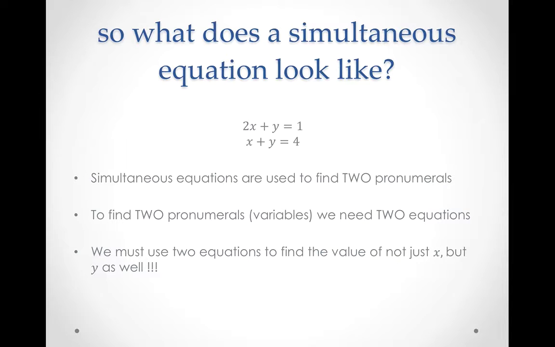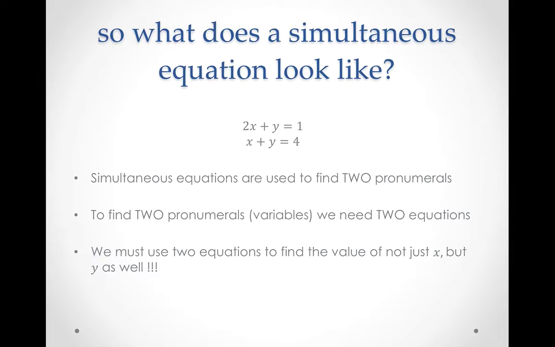So the first thing you can notice, and what makes this very different from the equations that we've been looking at so far, is you have two equations. So when I say simultaneous equations, it means we are going to use two equations together. Secondly, you can probably notice in the example that this time you're not dealing with just one pronumeral.